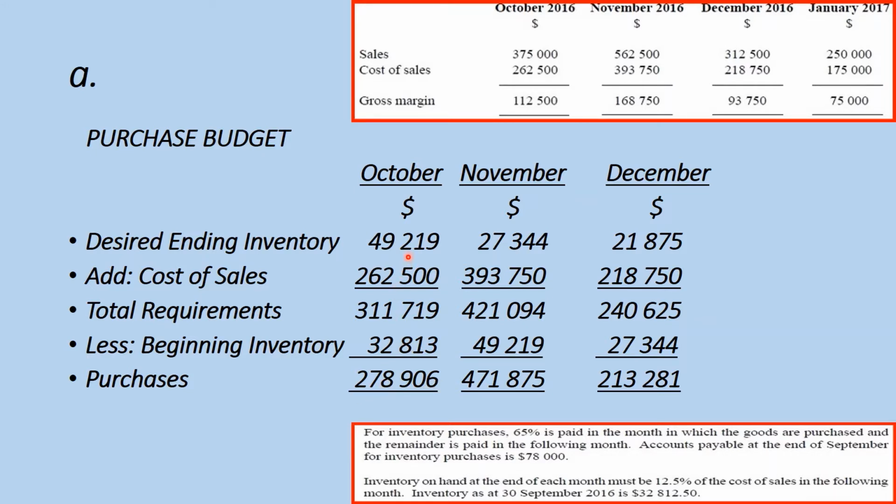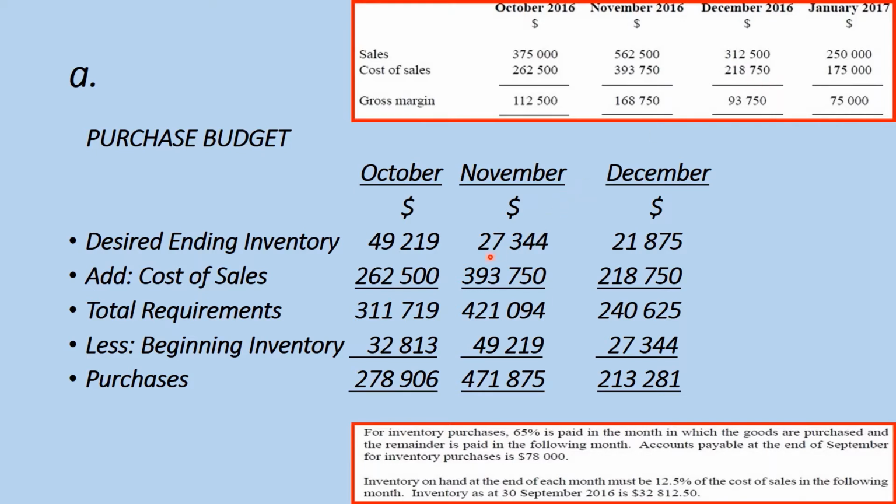Now the desired ending inventory for the first month becomes the beginning inventory for the next month, and we go through the whole process again with the figures. The desired ending inventory here would be 12.5% of the next month's cost of sales, 218,750.